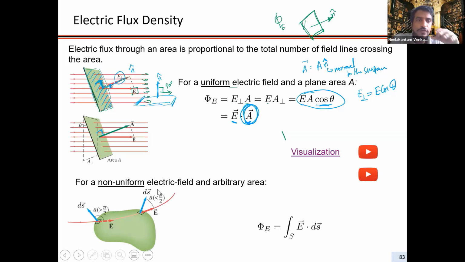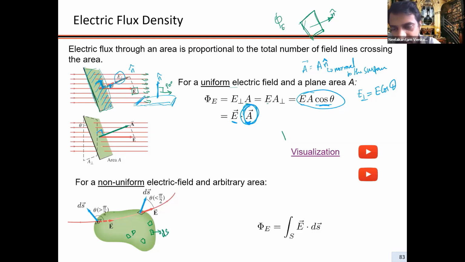If you have a non-uniform arbitrary surface, then what do you do? I can go ahead and break it up into small little surfaces. Each small little surface is dS. Not only does it have a magnitude, but it also has a direction, always outward. So this dS is the blue vector here.